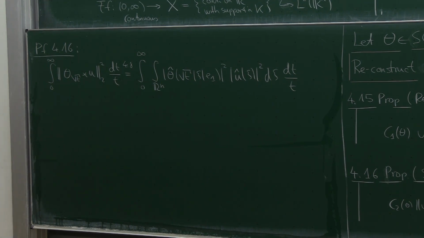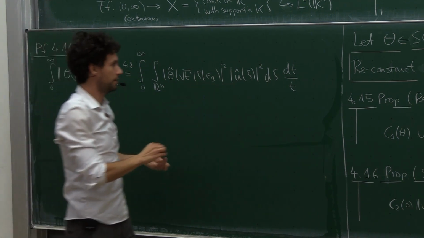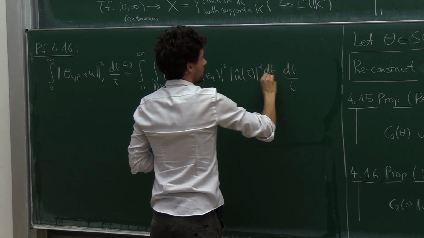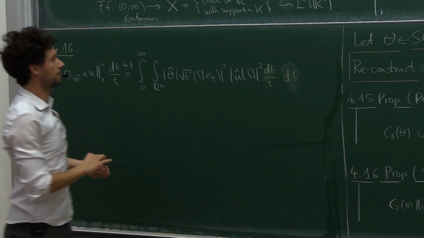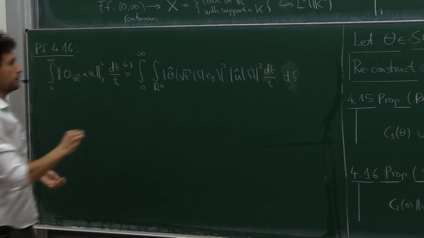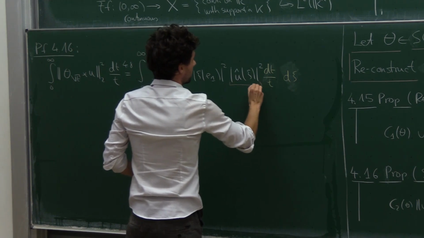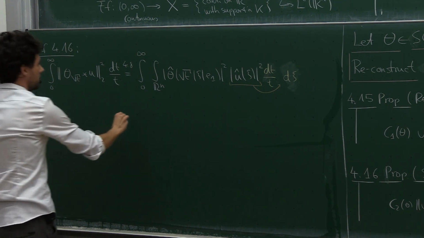Okay, now you have to do the same steps as you did over there, so that u hat has to go out of the integral. I can do that by doing it the other way around. So I do dt over t first, and then I do d psi. If I do it in this order, then this guy can be put out of the integral, and once it's out, I do the substitution again.